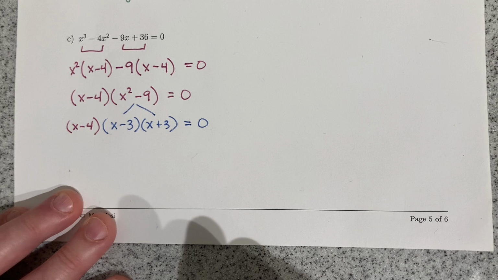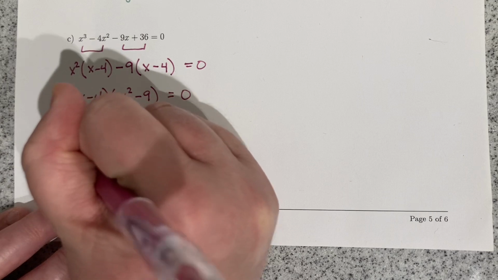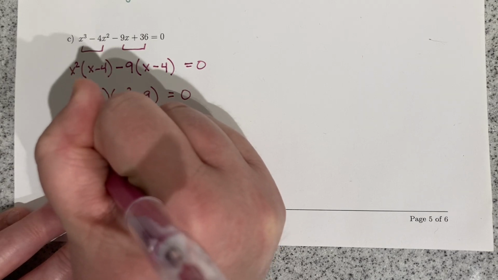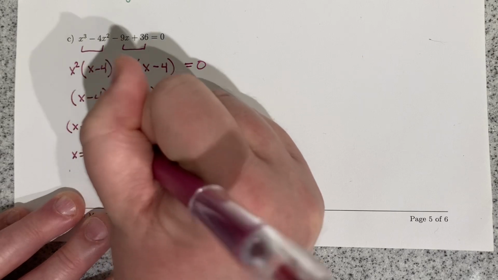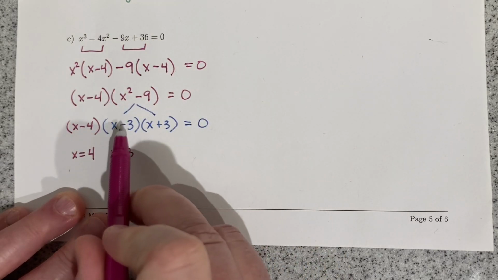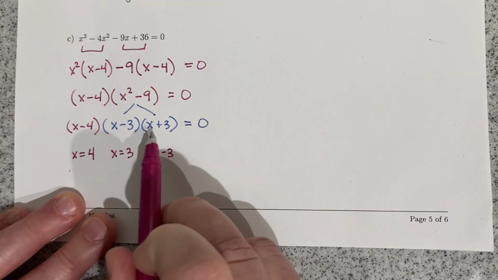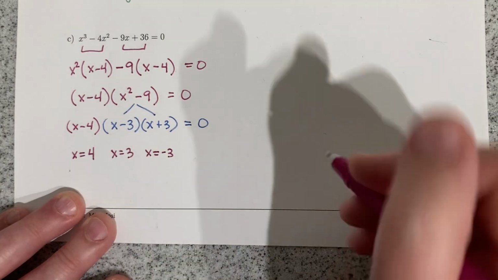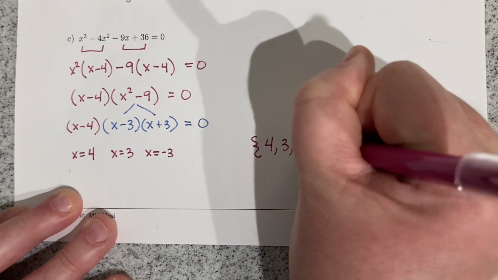There's nothing else we can do with that. So we're ready to find our 3 solutions. If you're at a point now where you just read them off, that's fine. 4 would make this 0. 3 would make this factor 0. And negative 3 would make this last factor 0. So our solution set is 4, 3, and negative 3.